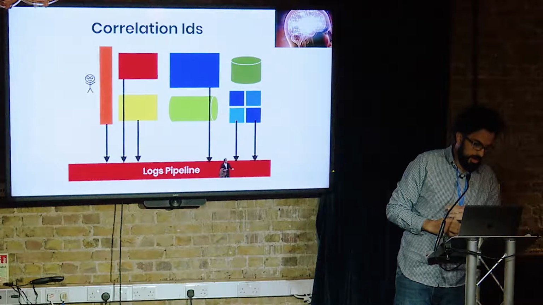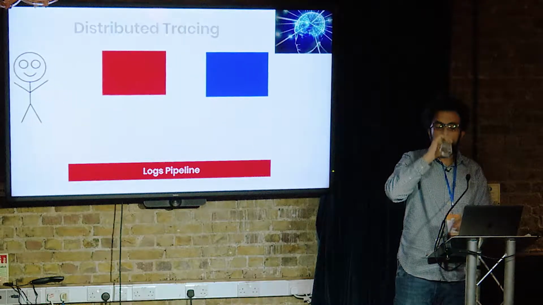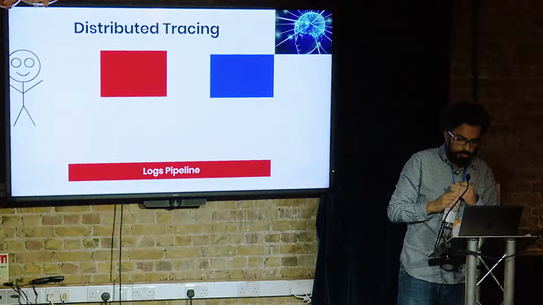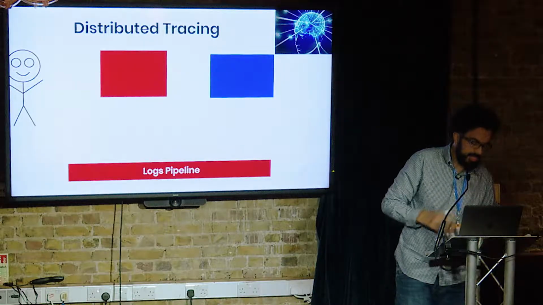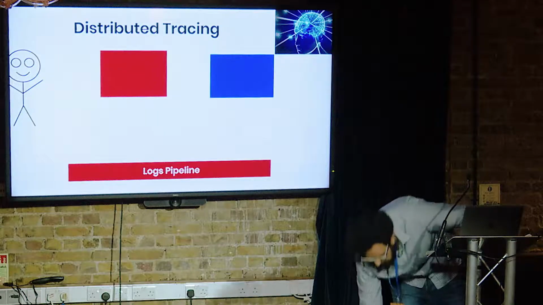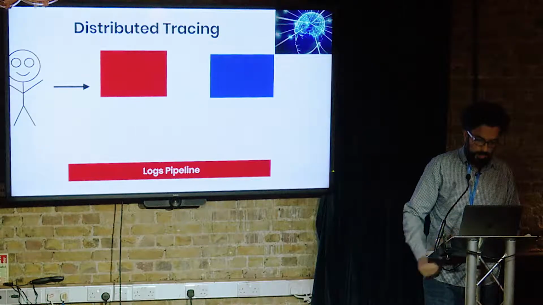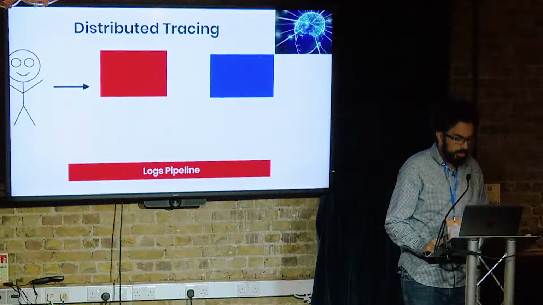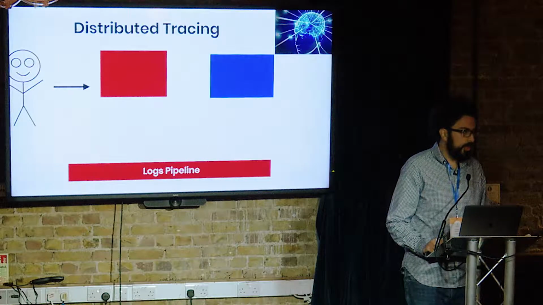Final approach, the Galaxy Mind. So distributed tracing will be adding a twist to this approach. When we receive the request in our microservice, we're going to generate a correlation ID.